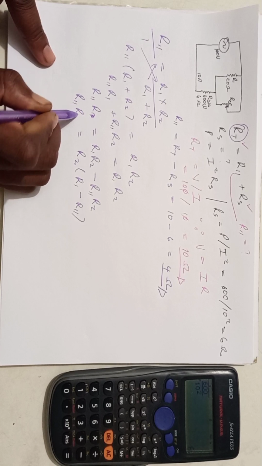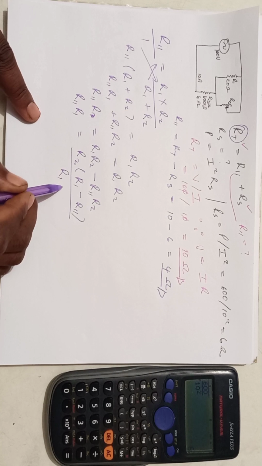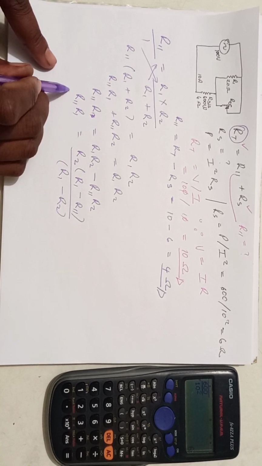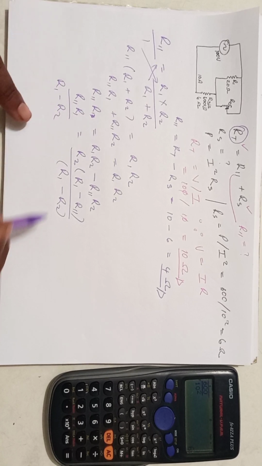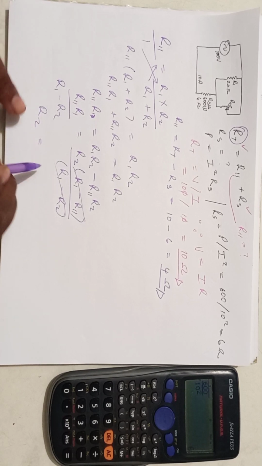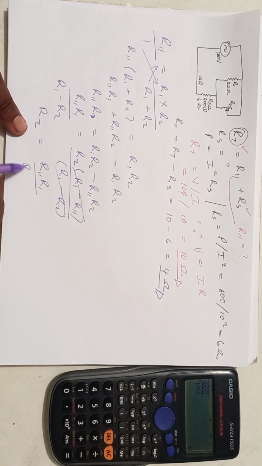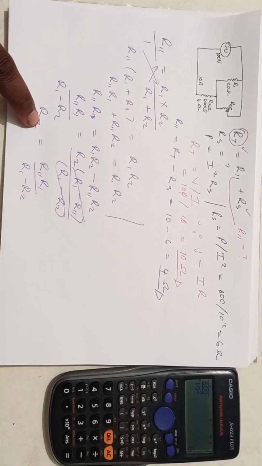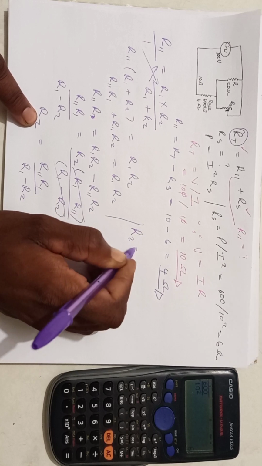We have R parallel R1, and we want R2, so we divide by R1 minus R parallel, so these cancel. So R2 is equal to R parallel R1 over R1 minus R parallel. So we can use this formula to get the value of the rheostat.